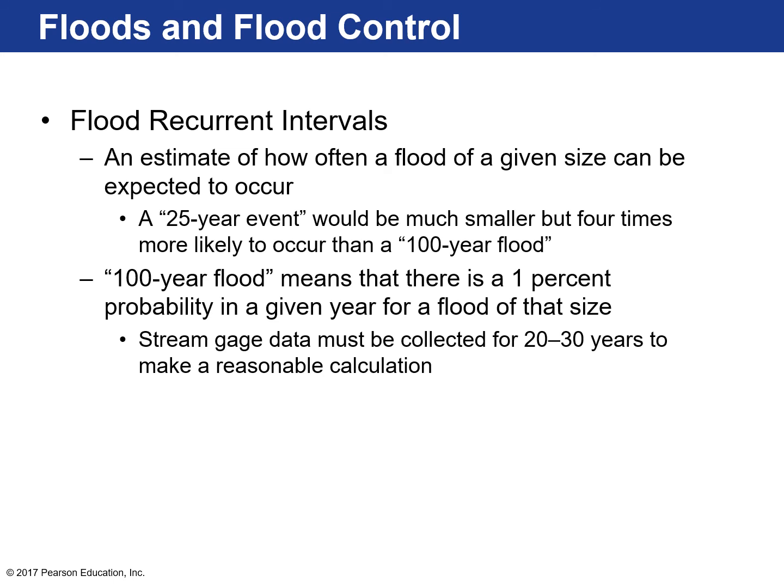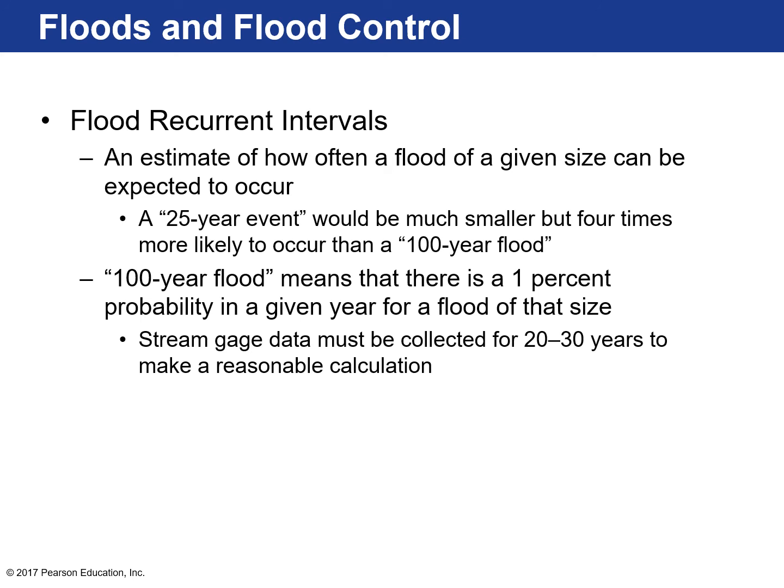All right, when we talk about floods, we refer to them as like a 25-year event, right? Or a 100-year flood. What that essentially means is it's an estimate of how often a flood of that size is expected to occur. So a 25-year event is a flood that is supposed to occur once every 25 years.